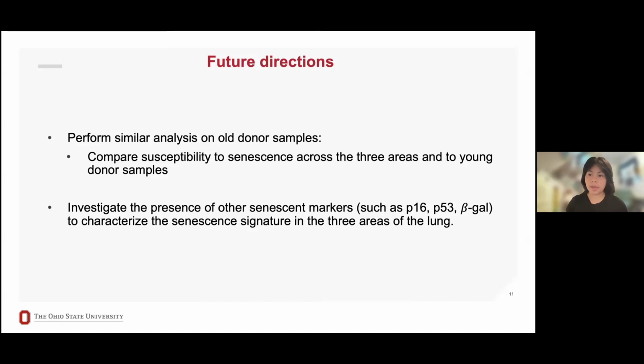And from that, we could maybe determine whether one is more susceptible to senescence with age as well. We would also like to investigate the presence of other senescent markers like P16, P53, and beta-gal, just to further characterize the senescent signature of the three areas in the lung.